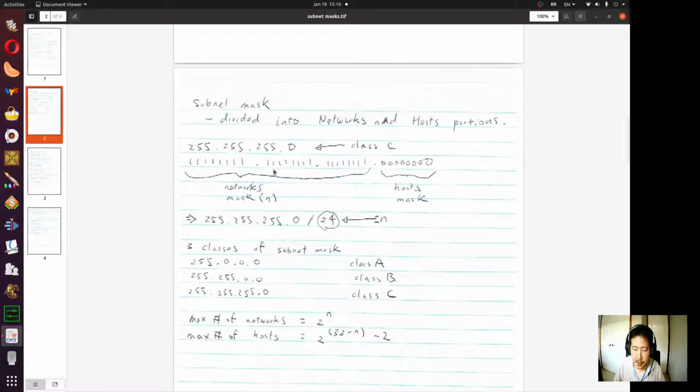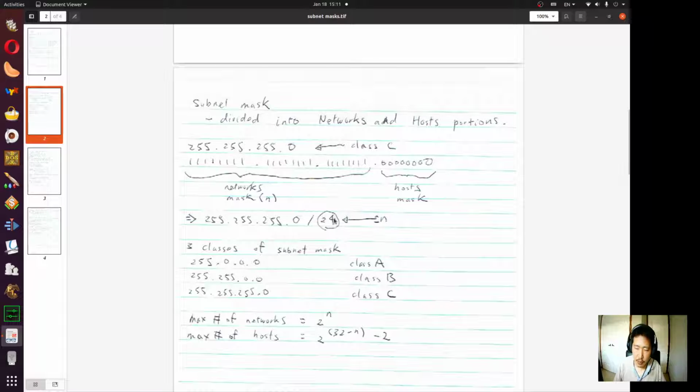Okay, in this case the network portion is this, host portion is this, and I set here n. The variable n is just the number of bits that are turned on. Okay, so you can guess it's 3 of the octets, so it's 8 times 3, so it's 24.